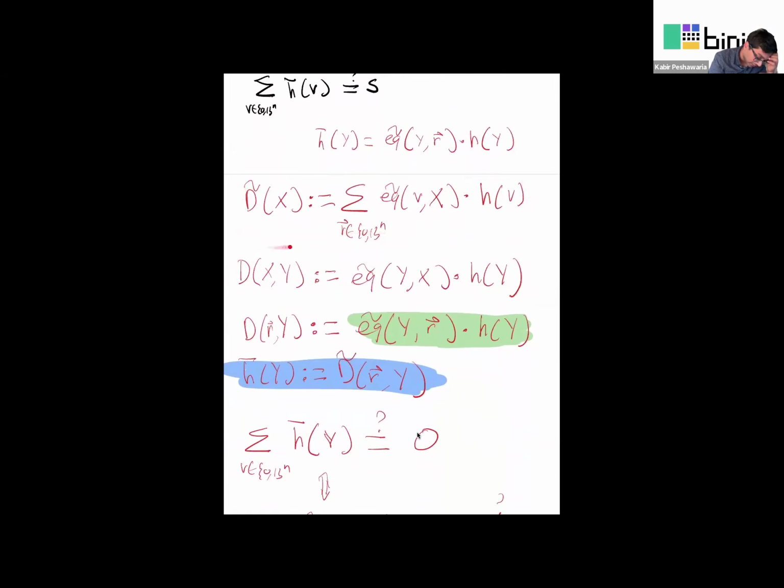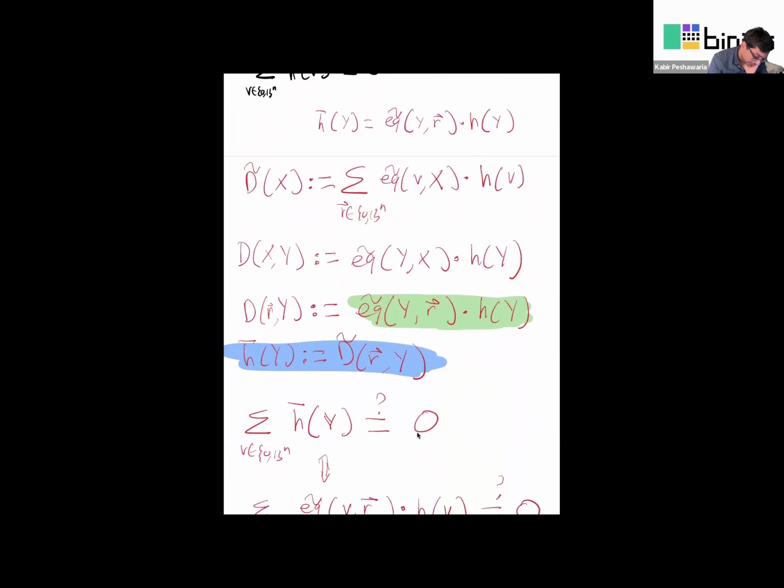This is the multilinear extension of D, the original function D that we had. We could also eliminate the x and have something that looks like this, right? We specialize x to be some specific value, and everywhere we had an x, we replace it with the special value r.